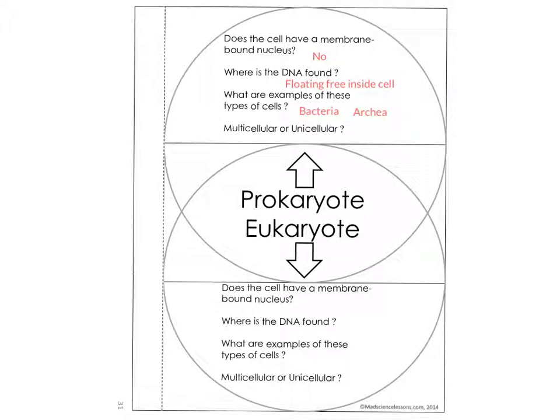Very, very prehistoric organisms. They look like bacteria, but they're not bacteria. And the last question is asking, are they multicellular or unicellular? Meaning, are they made of many cells or are they made of a single cell? All prokaryotic cells are unicellular.